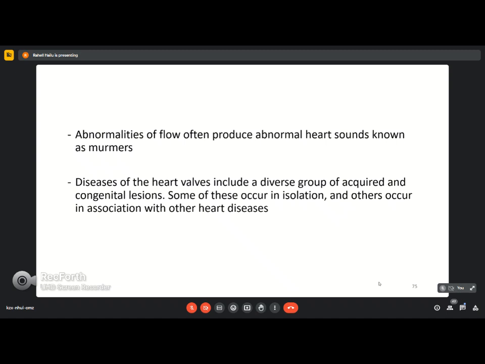So abnormalities of flow often produce abnormal heart sounds known as murmurs. Regurgitative lesions usually result in systolic murmurs, like an additional sound other than the normal systolic sound, because the leaking in regurgitation occurs during the systolic phase.